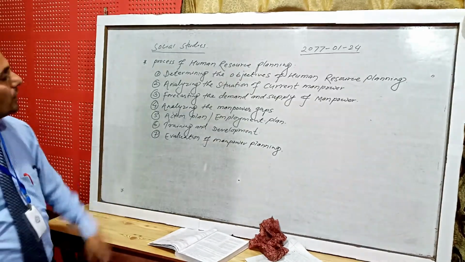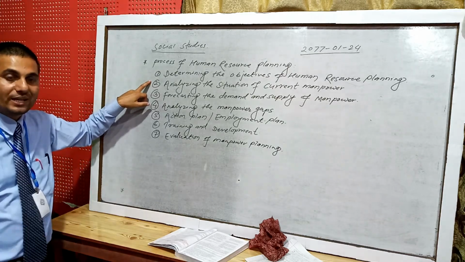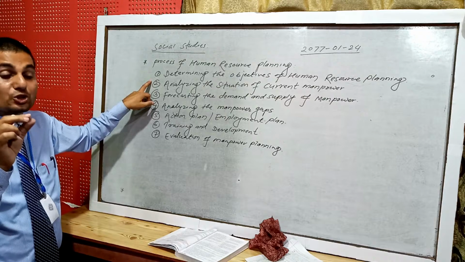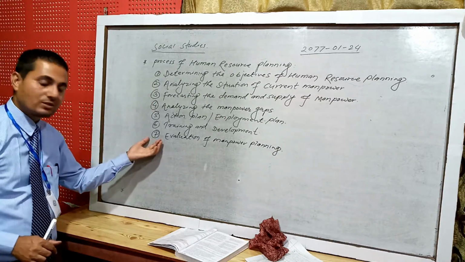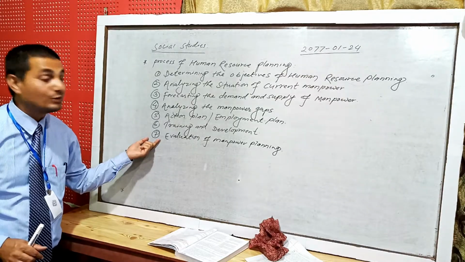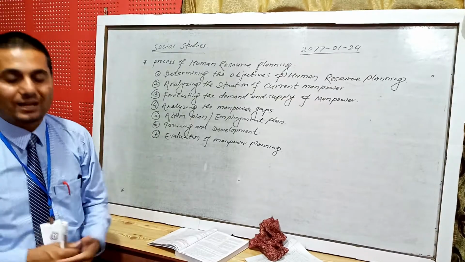So dear students, don't get confused that it is a short answer type of question, but sir has given 7 points. Don't get confused. This is the process, the certain process we need to write here.